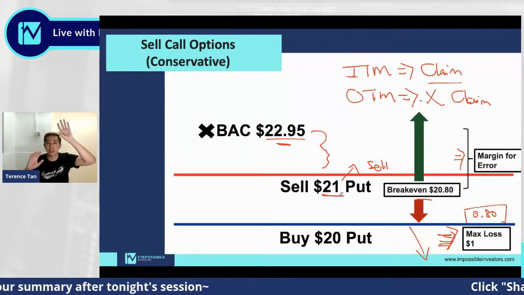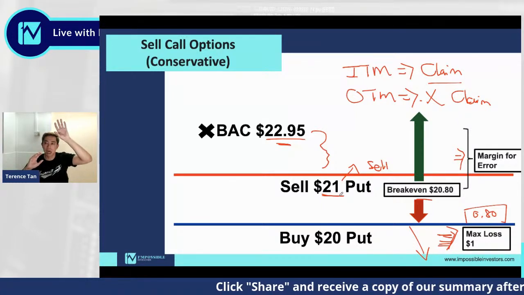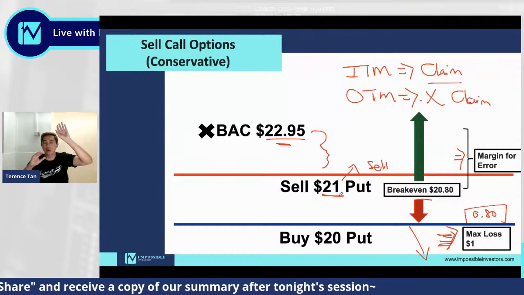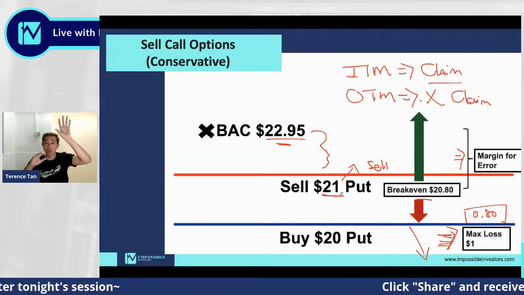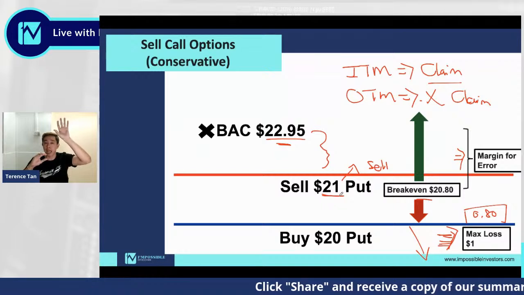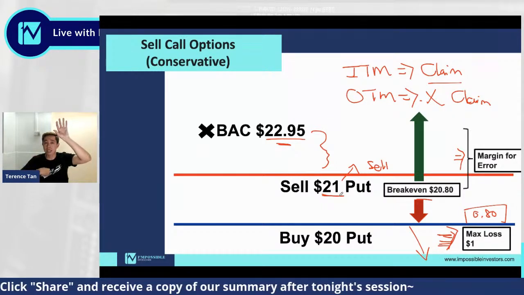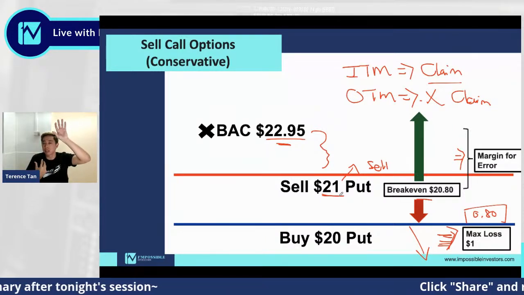So, Wing Kai, let me ask you this question. Would you say that there's any claim value at the moment? Because the scenario looks like that now. If you buy the stock, you have to buy at the market price of $22.95. You have to pay that price to buy it. And if you get to sell it to us, the option seller, you can only sell it to me, for example, for $21.